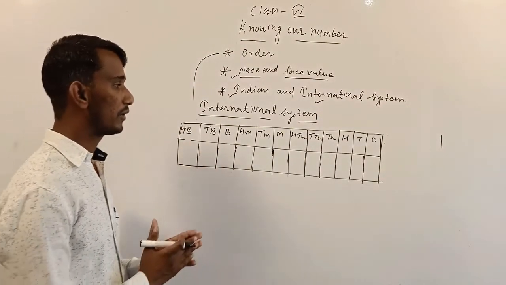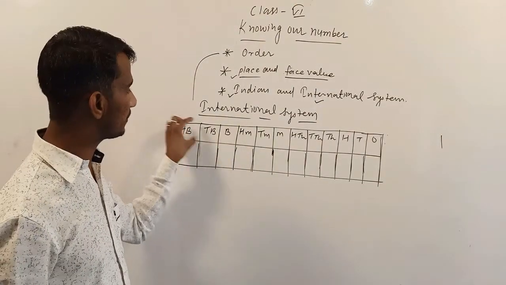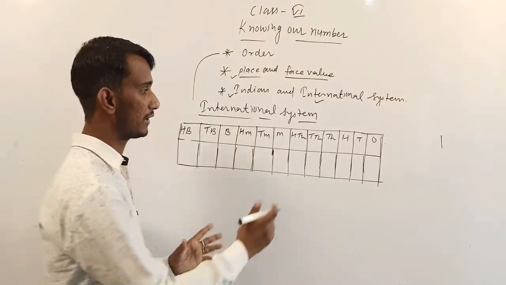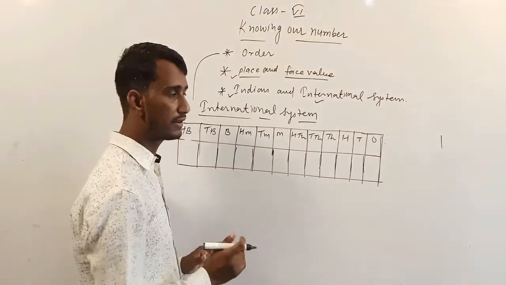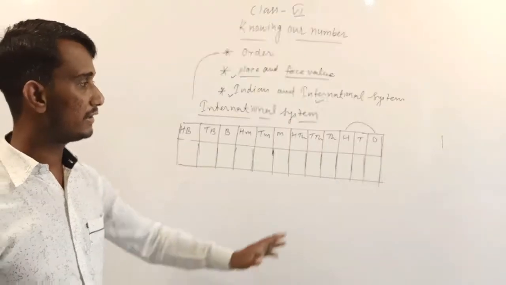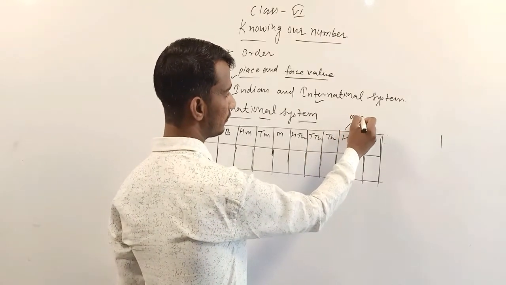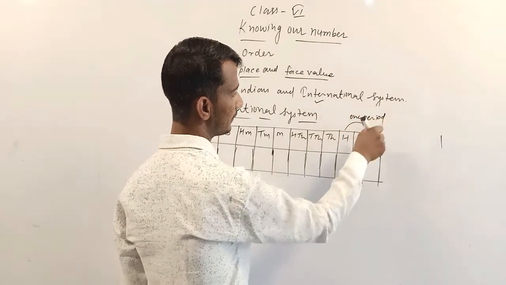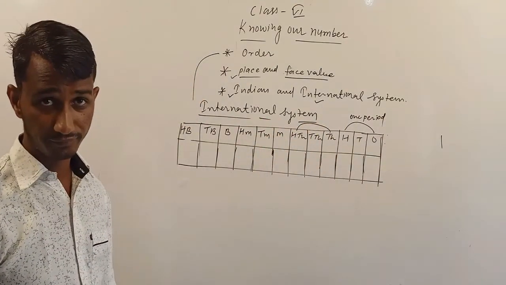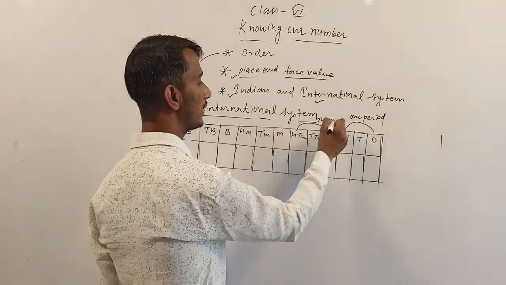First we separate this international system Place-Value chart into periods, same as the Indian system. From the right side, these 3 digits, 1, 10 and 100, are called the ones period. 1000, 10,000, 100,000 is called the 1000 period.